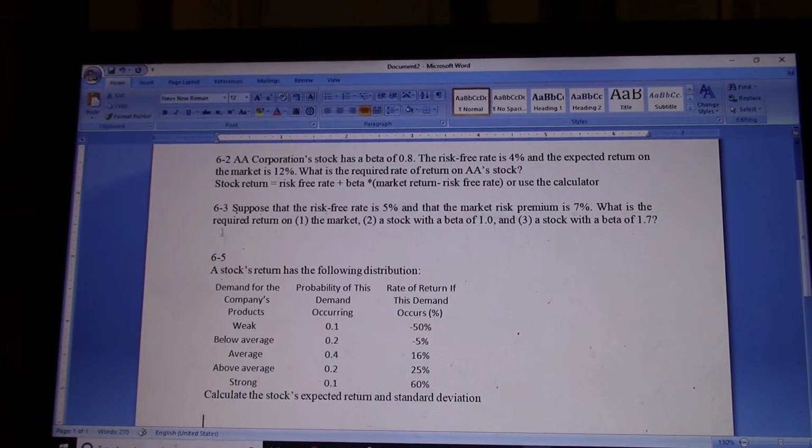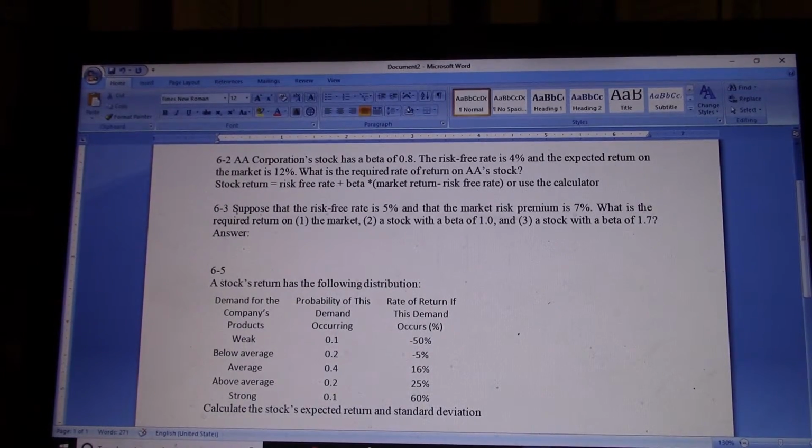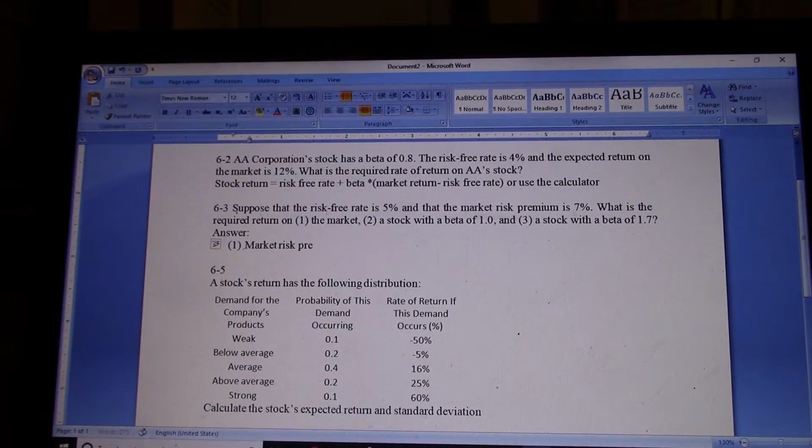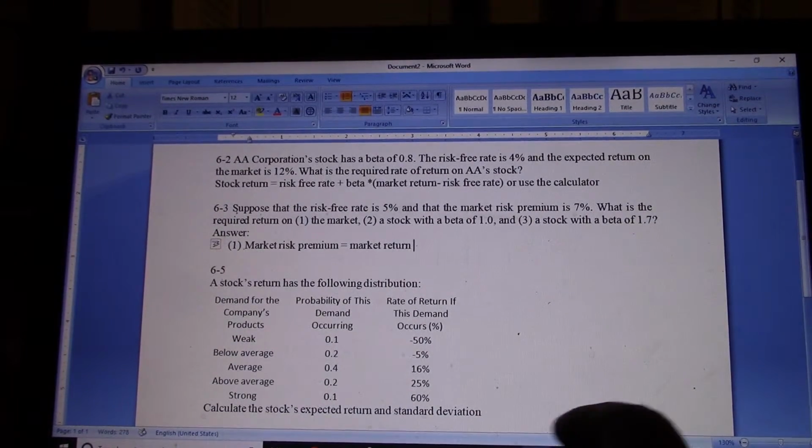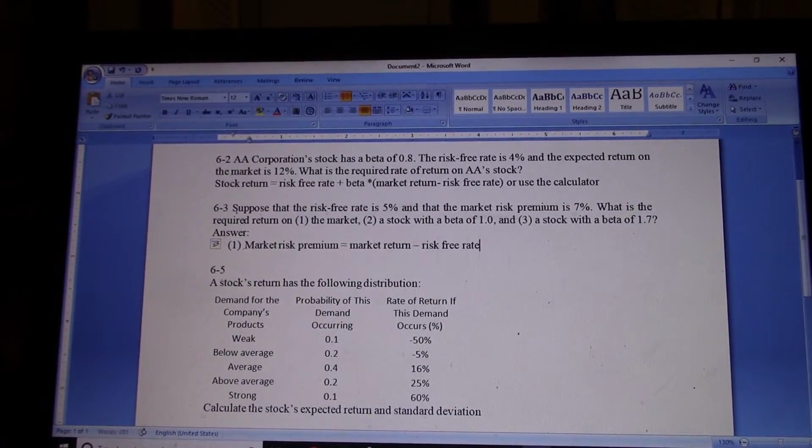what is the required return on the market? Right, so the first one, the risk-free rate is 5%. Market risk premium equals market return subtract risk-free rate.